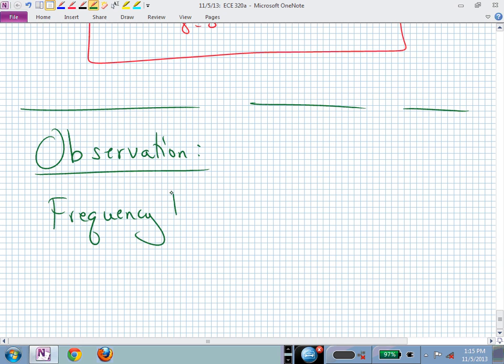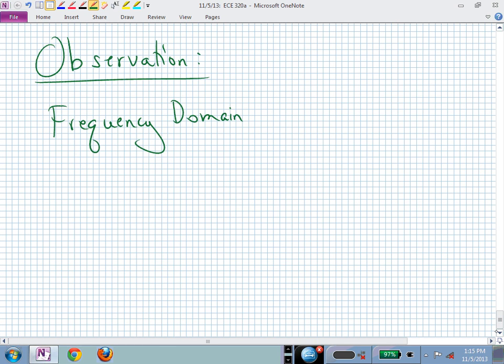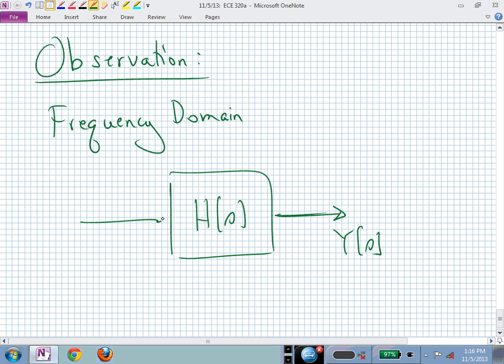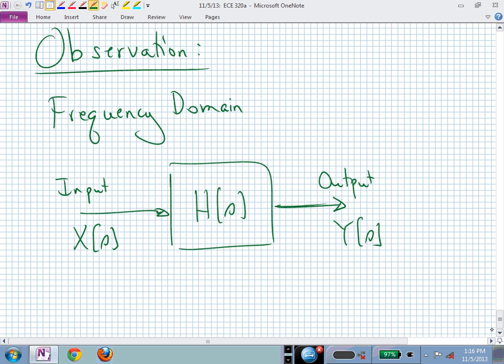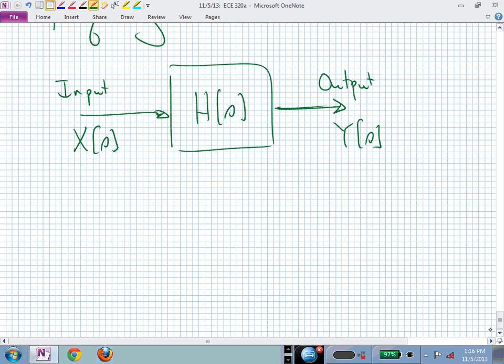When we draw this picture in the frequency domain, and somebody says, oh, you have a system that has a transfer function of capital H of S, and its output is Y of S, and its input is X of S, how do you express the output and the input and the transfer function relative to each other?